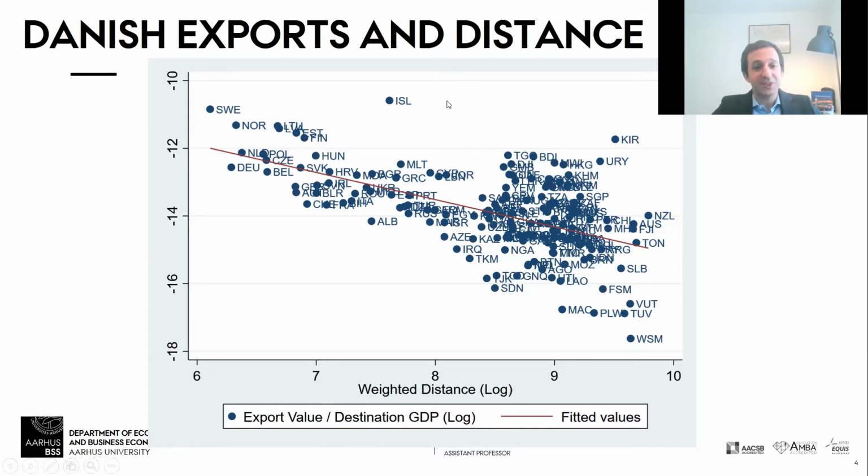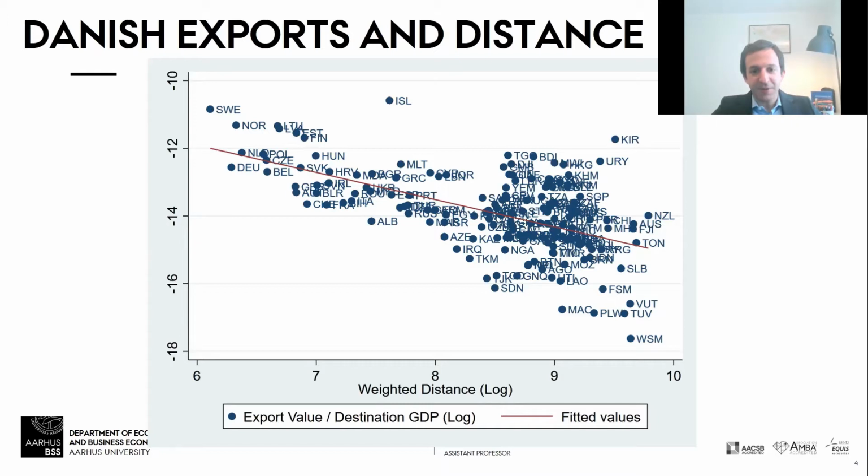For instance, you're seeing here clearly that controlling for size and for distance, Denmark exports tremendously more to Sweden, Norway, Iceland, Finland, the Baltic republics here. So perhaps there is something more to distance. Perhaps there's not just physical distance, there's also cultural distance. But let's see about that, okay?